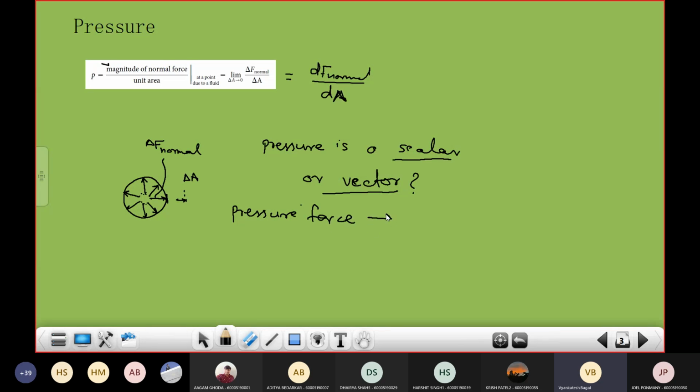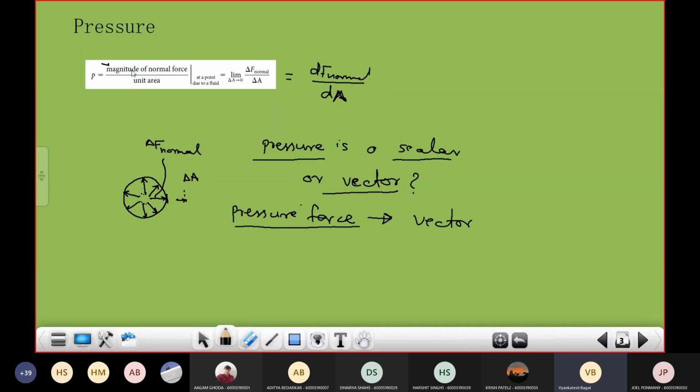So pressure force is a vector, meaning when pressure acts on a surface, it creates an effect which is nothing but the pressure force. So pressure force is a vector, but pressure itself is a scalar. That is the reason why we have defined it using the magnitude of normal force per unit area, right? Is it clear why pressure is defined using the magnitude of normal force?